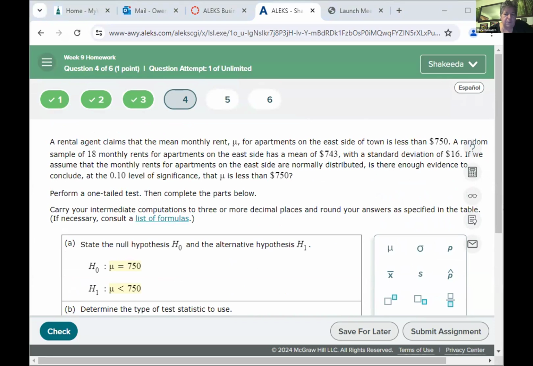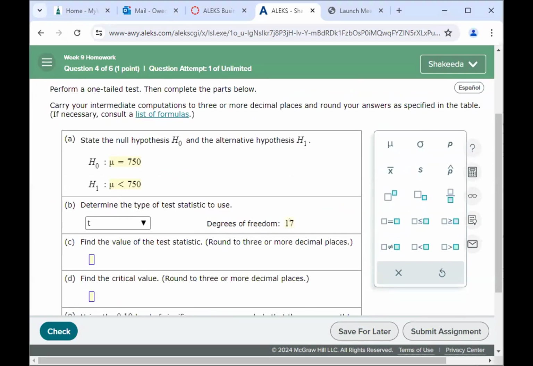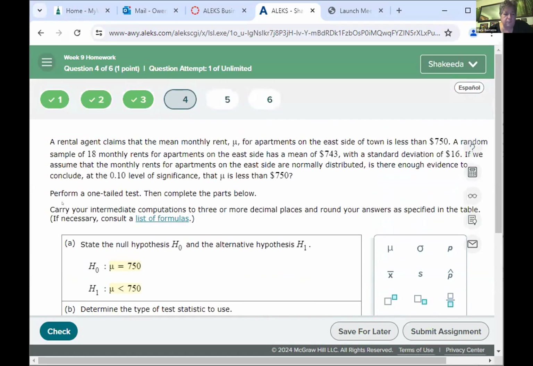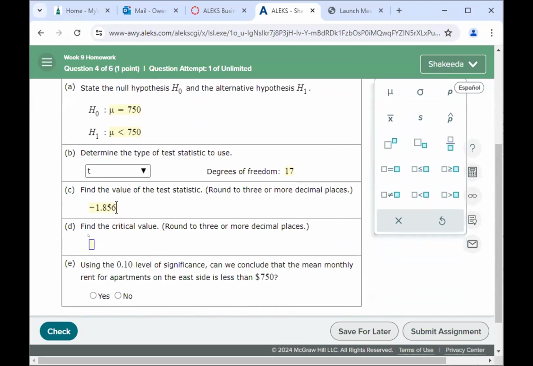What's 18 minus 1? 17. This is going to be negative 1.856. We are doing a one-tailed critical value, so I'm going to go with... is this a 0.05, 0.01?